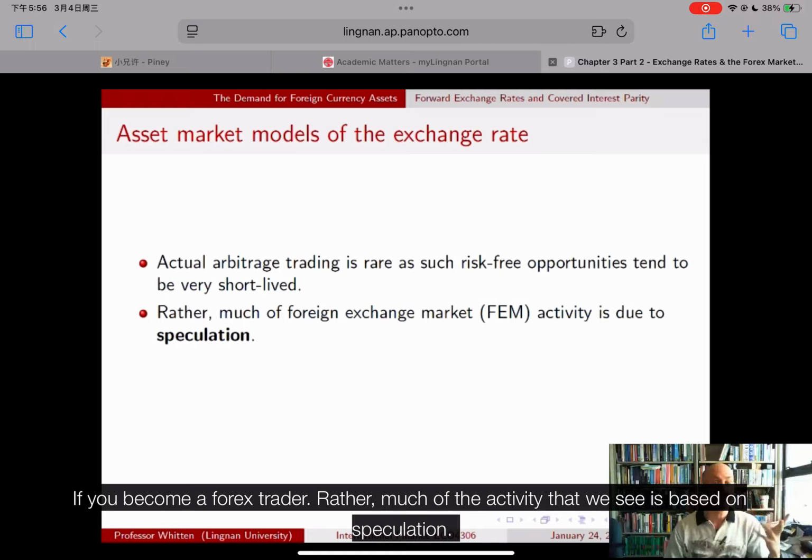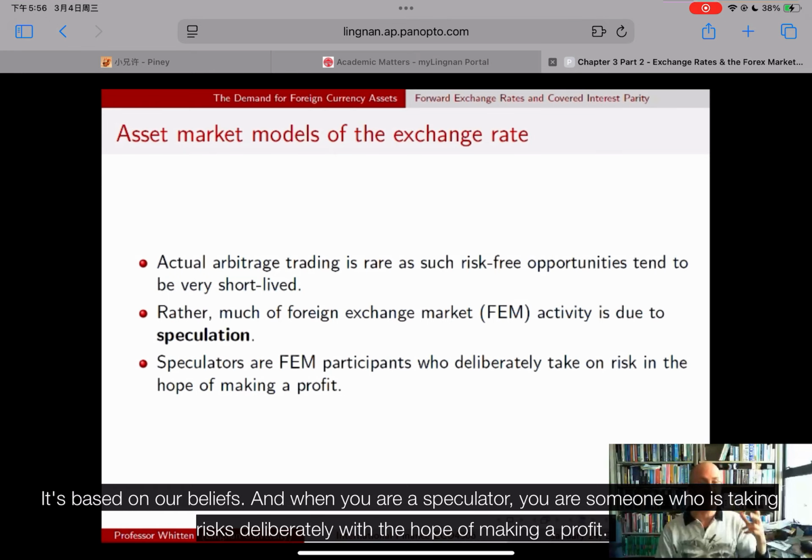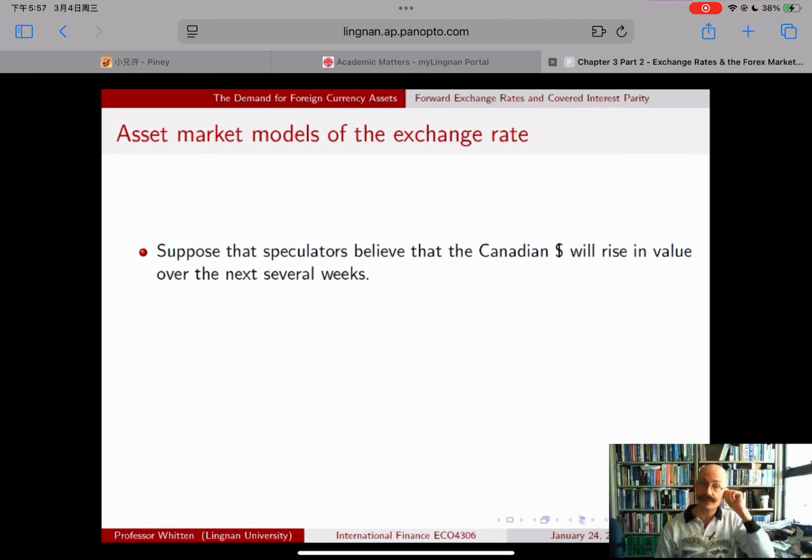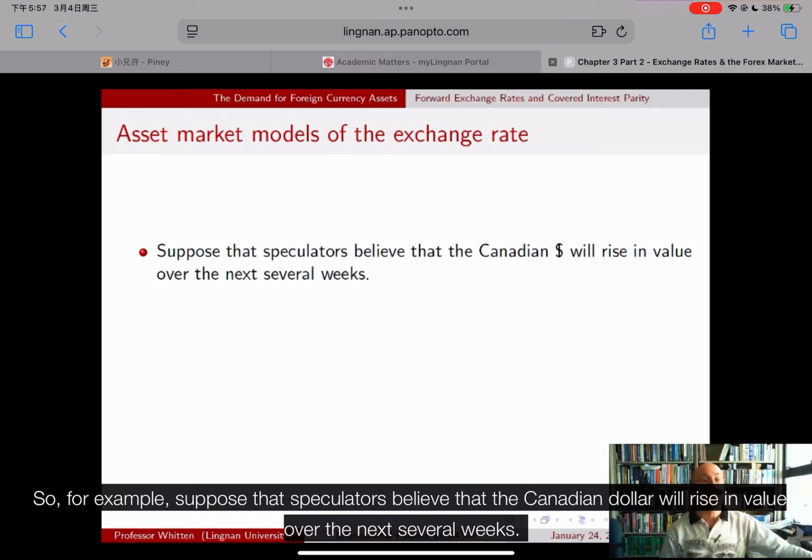Rather, much of the activity that we see is based on speculation. It's based on our beliefs. And when you are a speculator, you are someone who is taking risk deliberately with the hope of making a profit. So for example, suppose that speculators believe that the Canadian dollar will rise in value over the next several weeks.